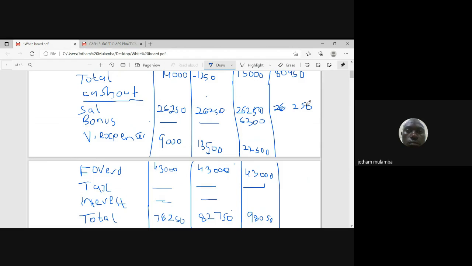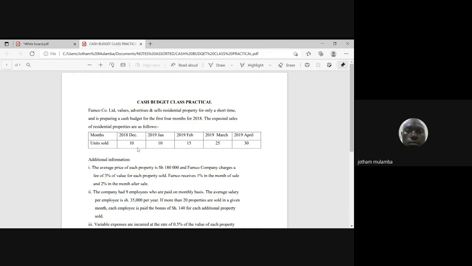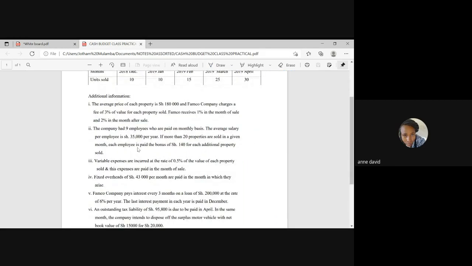Then we go to bonus. Somebody had asked how we go to bonus. So somebody to read for us the additional information on bonus so that we don't leave out anything. The company had 9 employees who are paid on monthly basis. The average salary per employee is 35,000 per year. If more than 20 properties are sold in a given month, each employee is paid a bonus of 140 shillings for each additional property sold.